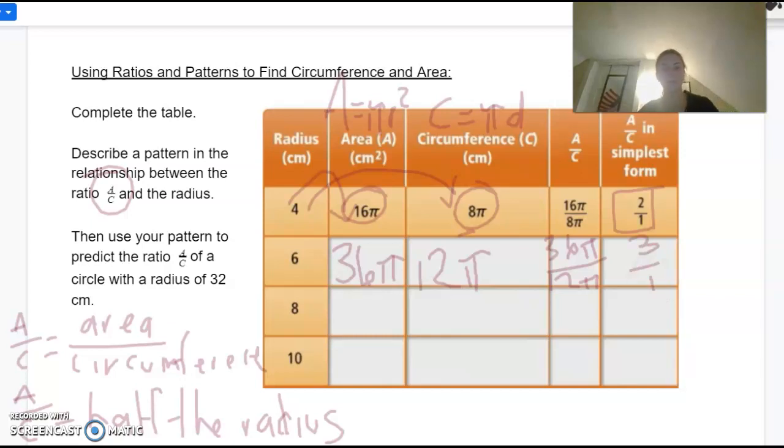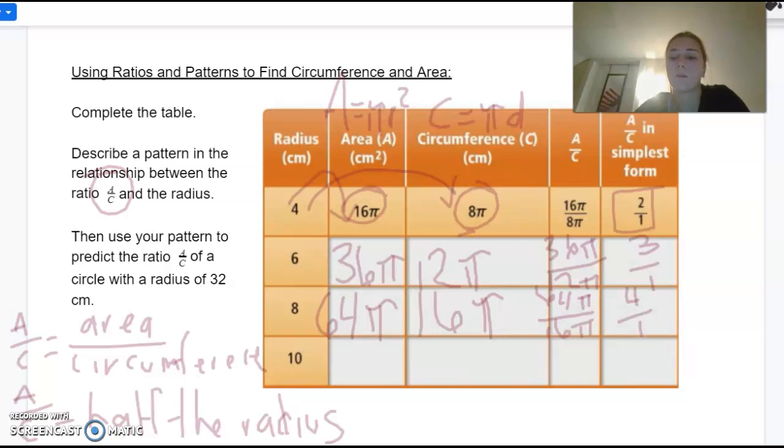Okay, so now on to a radius of 8. When we square that, we get 64 pi. And then if we're looking at the circumference, pi times diameter. Our diameter, 8 times 2 is 16 pi. Okay, so now we have 64 pi divided by 16 pi. That leaves you with 4/1.